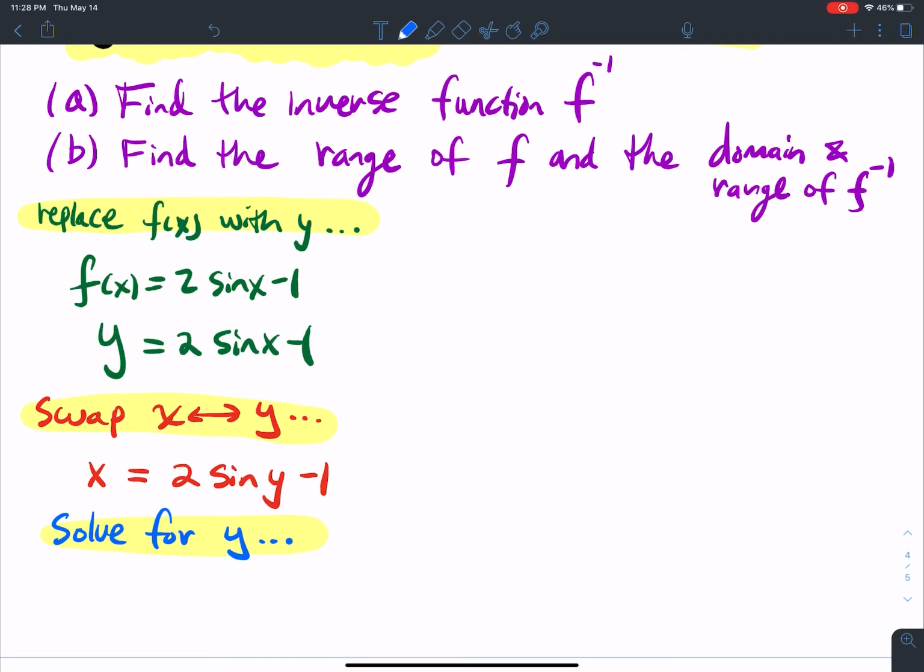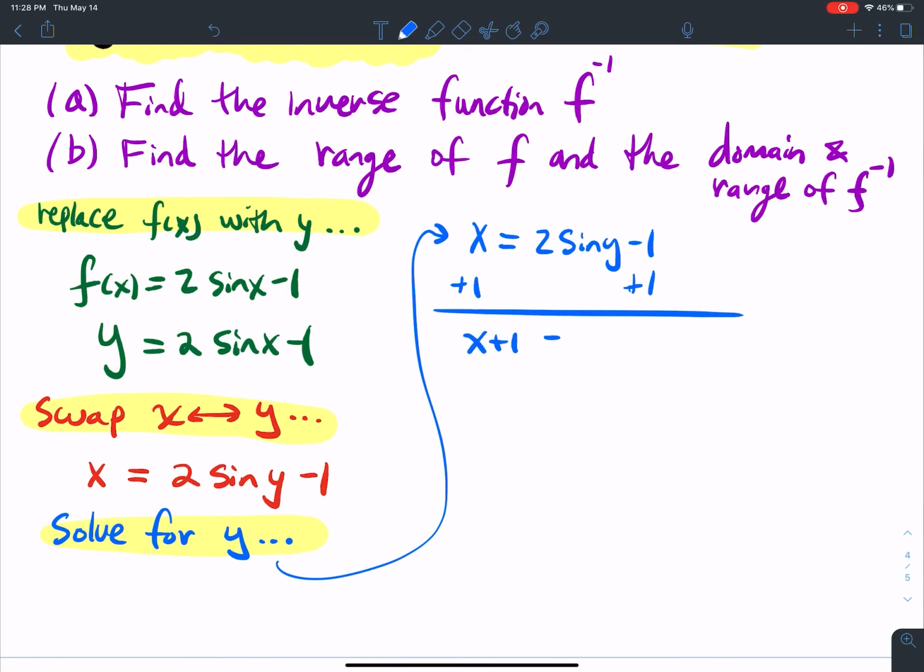When I solve for y, I have x equals 2 sine y minus 1, so I'm going to add 1 to both sides. So I have x plus 1 equals 2 sine y. Then I'm going to divide both sides by 2, so the sine of y is equal to x plus 1 over 2.